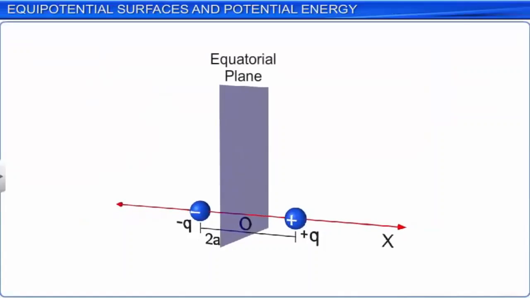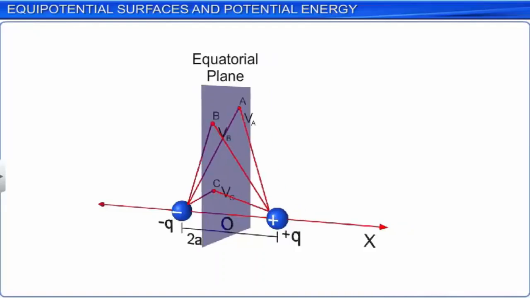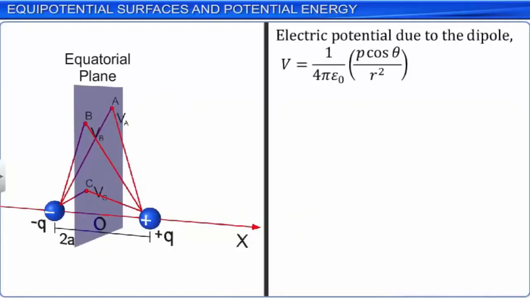Consider an equatorial plane of the electric dipole as shown. For various points like A, B, and C, let the potentials be VA, VB, and VC respectively. Electric potential due to a dipole is given by V is equal to 1 by 4 pi epsilon naught into p cos theta by r square.